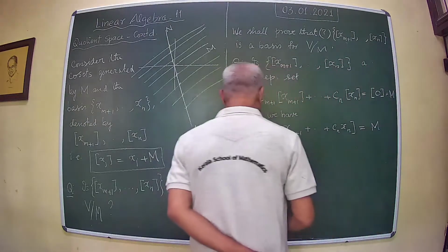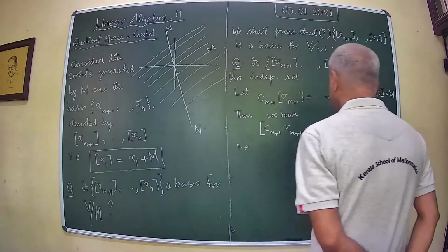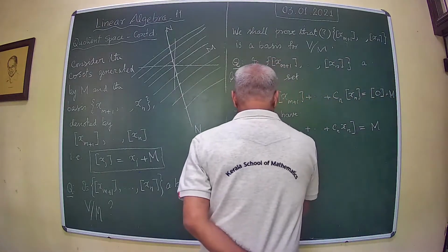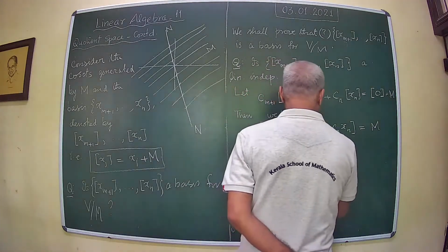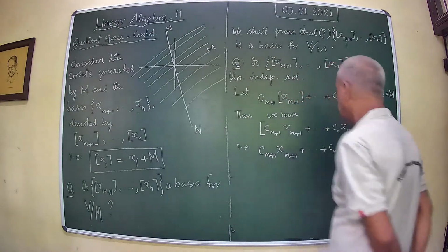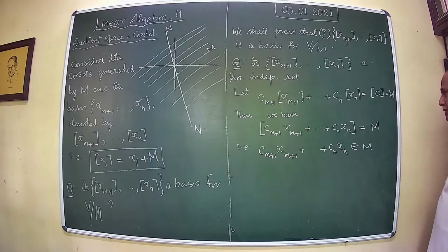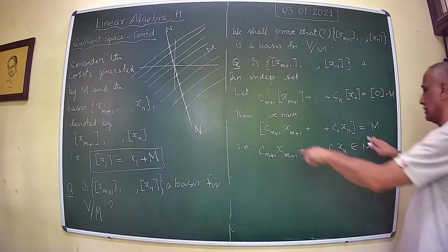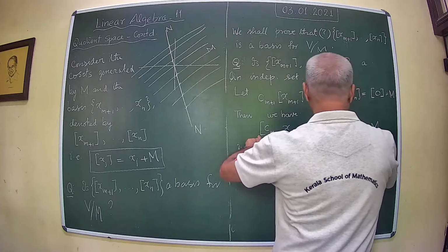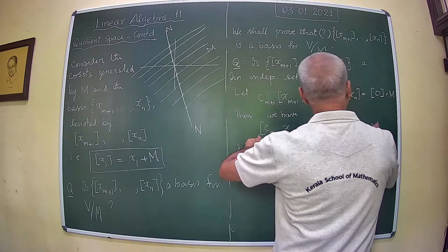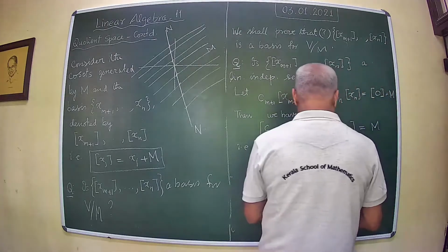This means that c_{m+1} x_{m+1} + ... + c_n x_n belongs to M. That's quite easy to see, because a typical element of this class is this plus a vector in M. And then that is equal to some vector in M.